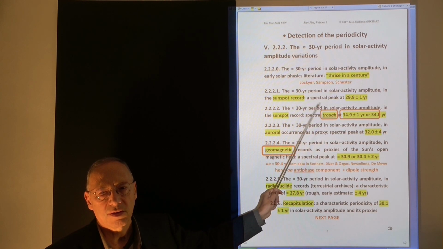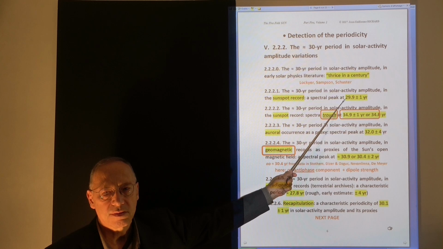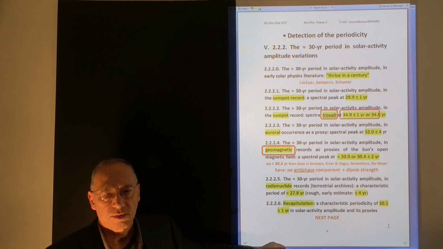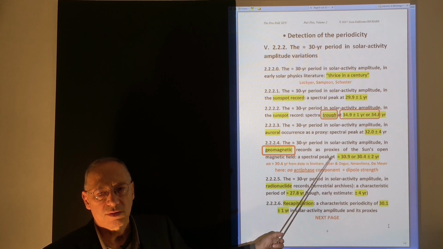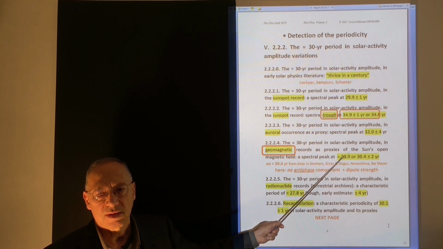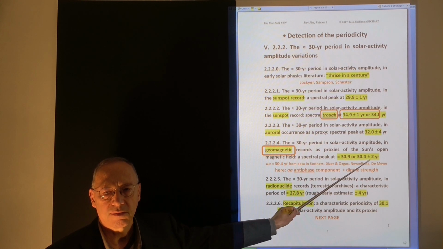In the sunspot record itself is found a peak at about 30.0 or 29.9 years, so it is also apparent in the toroidal field of sunspots. But the main source of evidence is in the geomagnetic records, which again are indicators of the sun's open field, where there is a peak at probably 30.4 years with an error bar of 2 years.